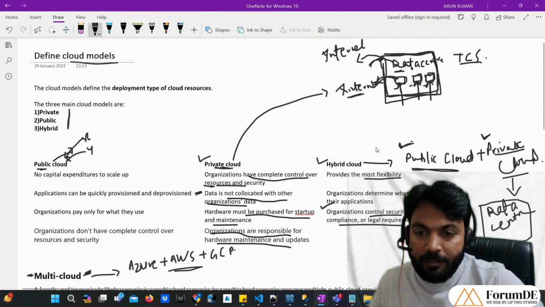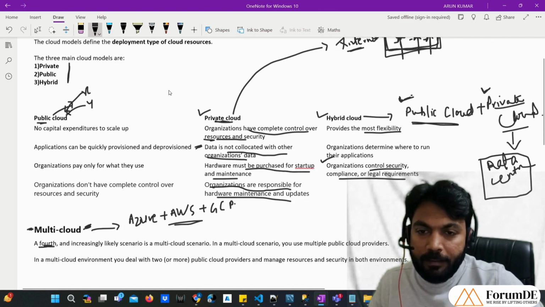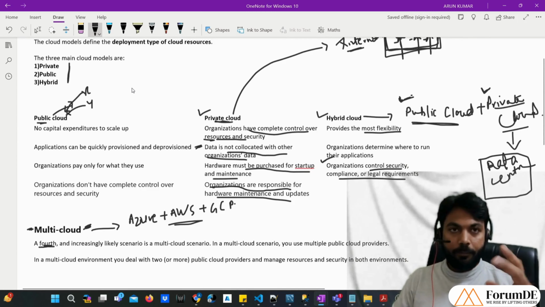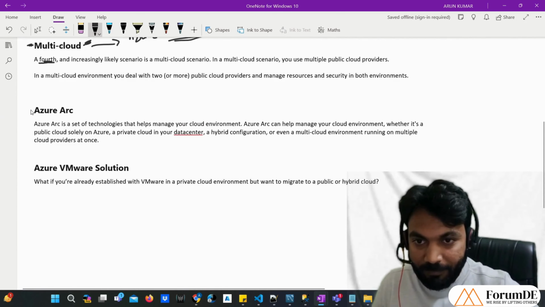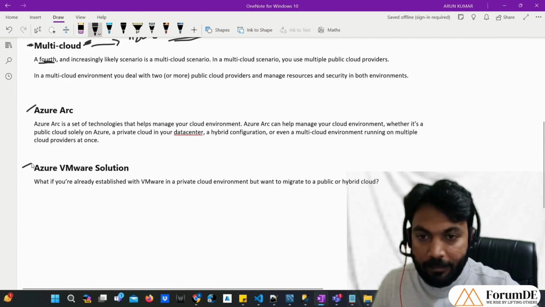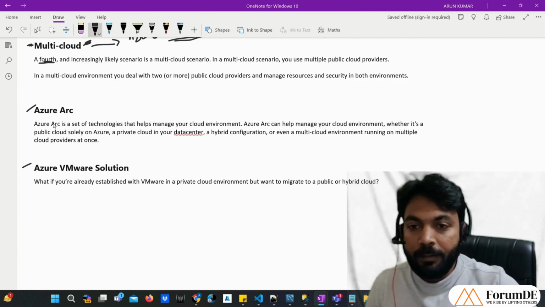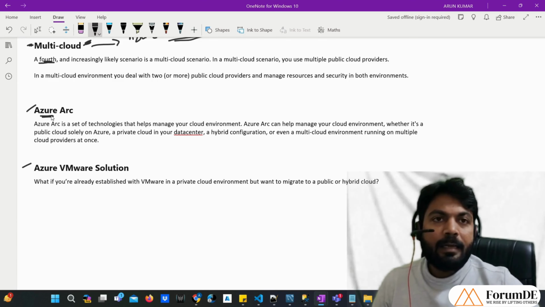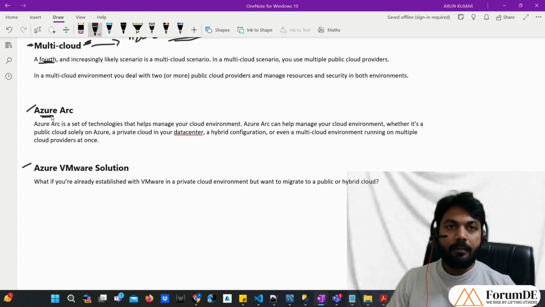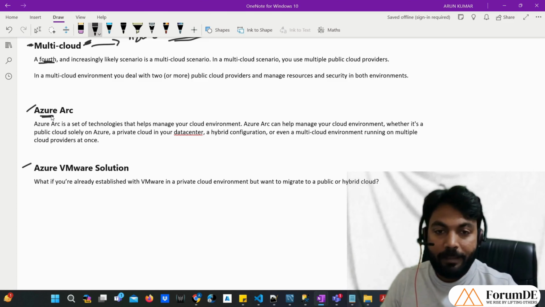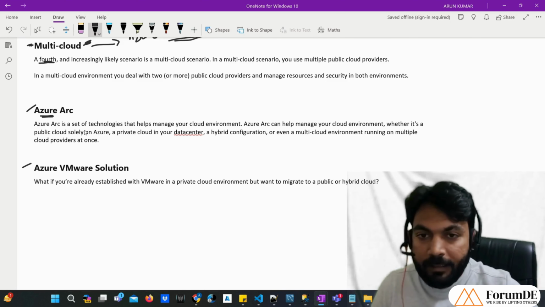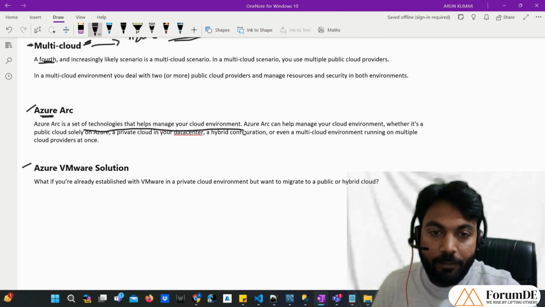So these were a few of the major cloud models. Apart from this, I want to bring two more topics in front of you: Azure Arc and Azure VMware Solution. Azure Arc is a set of technologies that help manage your cloud environment.